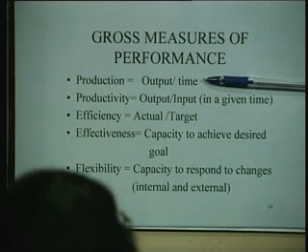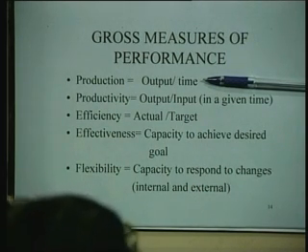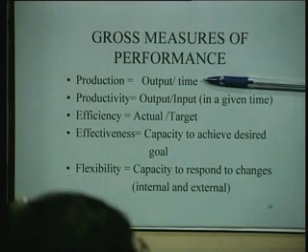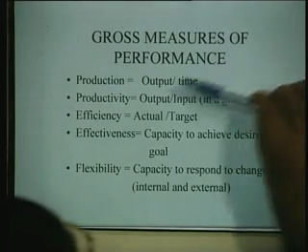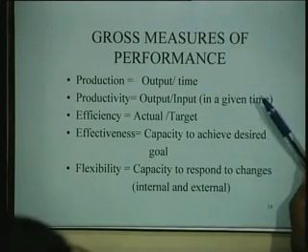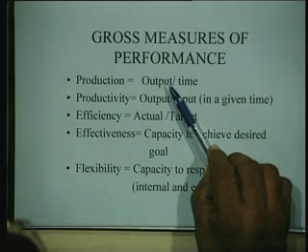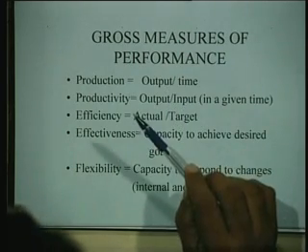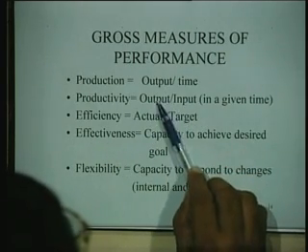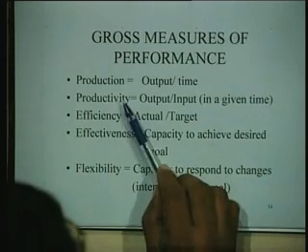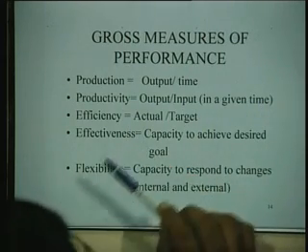You can measure the total production in terms of output per unit time. Or you can measure productivity in terms of output to input ratio, because the total output doesn't give you an idea of how much you actually put in to get those cars. So it's better to talk about output per unit input in a given time. This is what we call productivity.